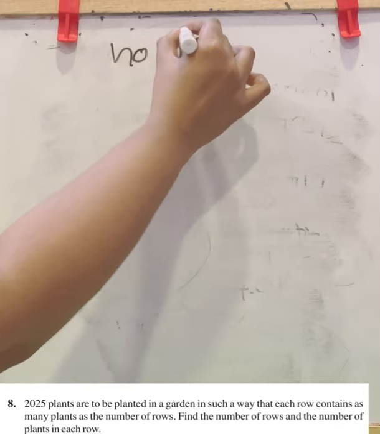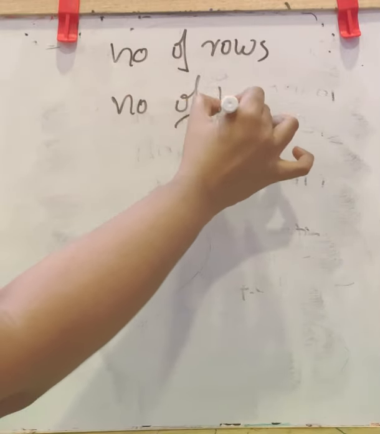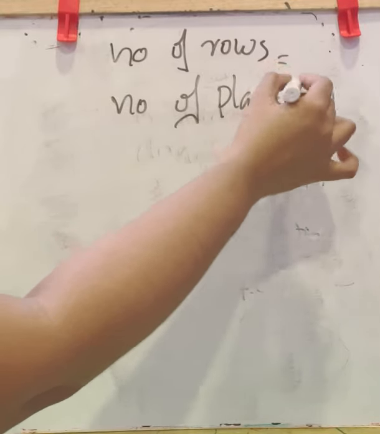2025 plants are to be planted in a garden in such a way that each row contains as many plants as the number of rows. Find the number of rows and the number of plants in each row. That is, the number of rows and the number of plants must be equal. It is given in the question.